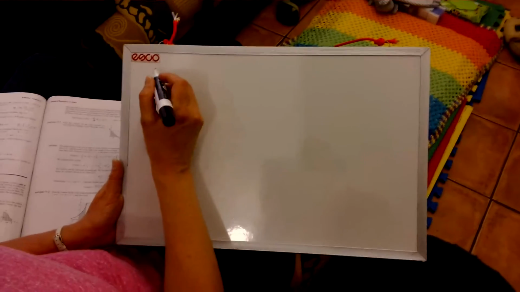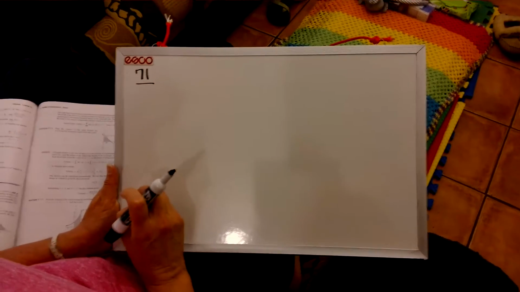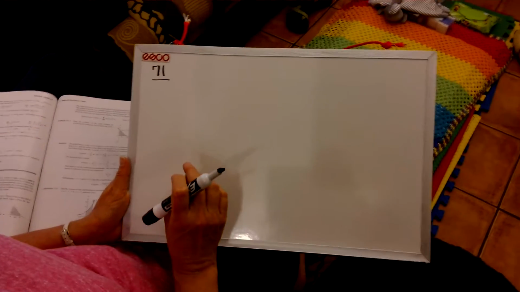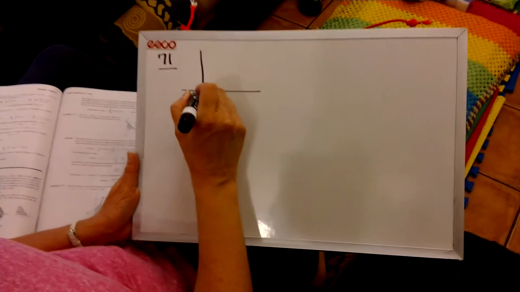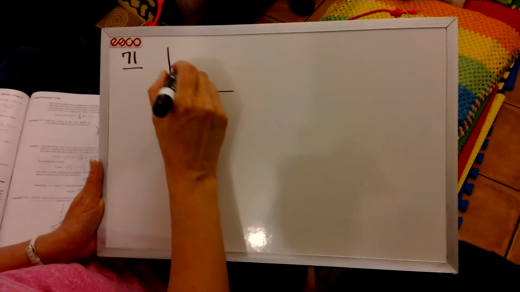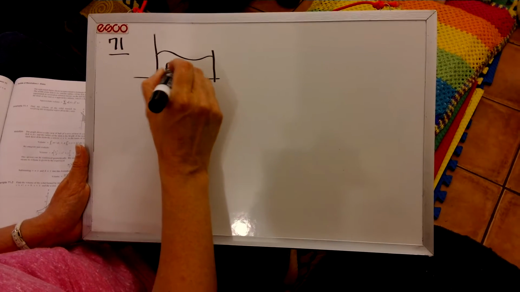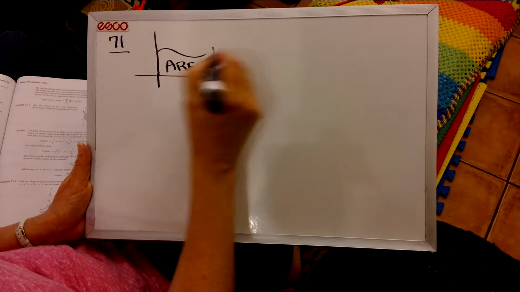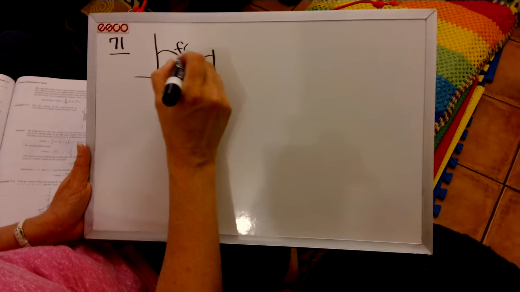Alright, so this is lesson 71, and I might do a couple of examples. So we've been finding the area under a curve using integrals. So here's my curve, and I want to find this area right here. We know that this is f of x.